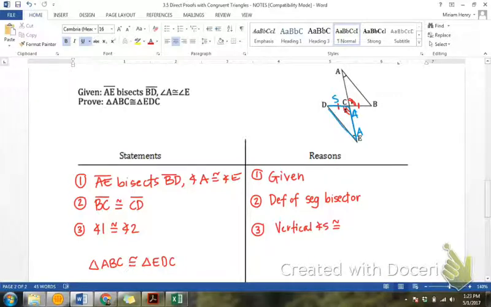But side, angle, angle, it's the same as one other one, but how do we really say it? Angle, angle, side. Okay? So now we're ready for step number 4. Step number 4 is angle, angle, side.